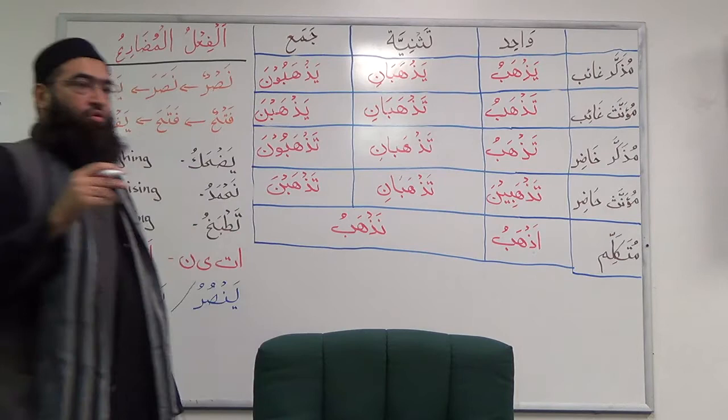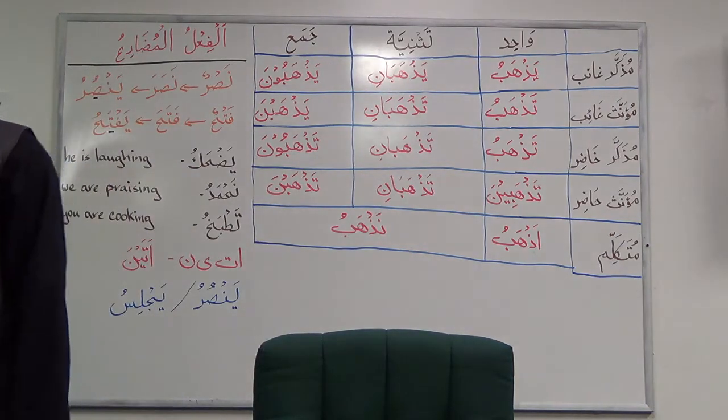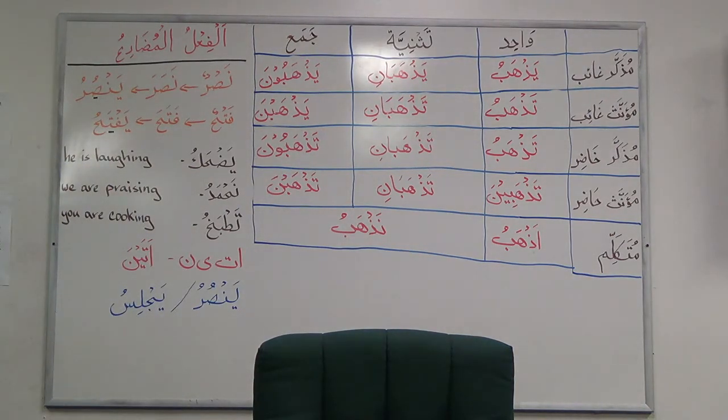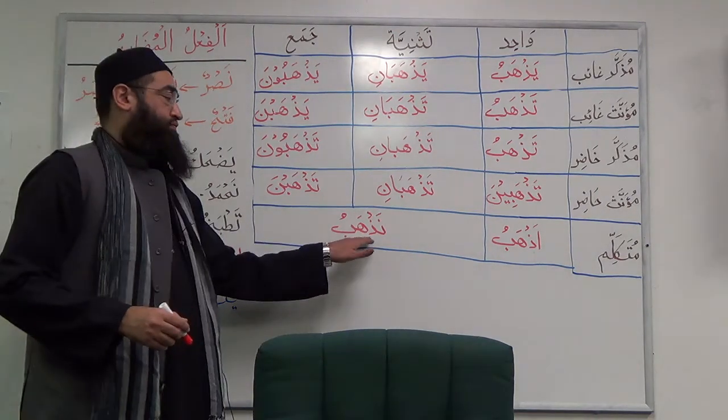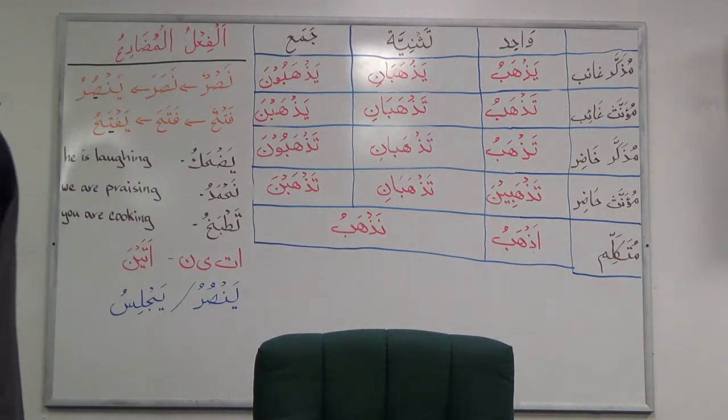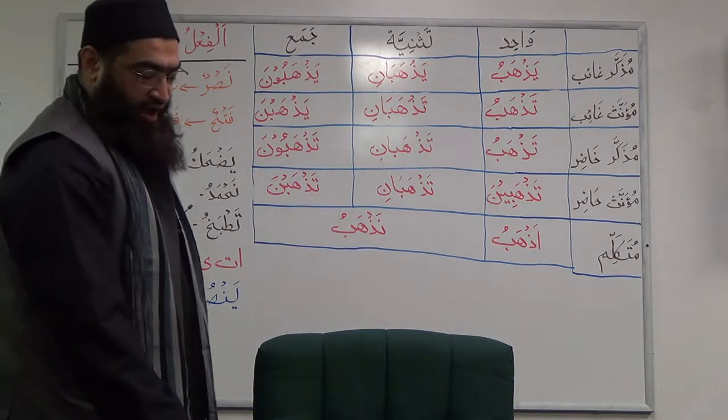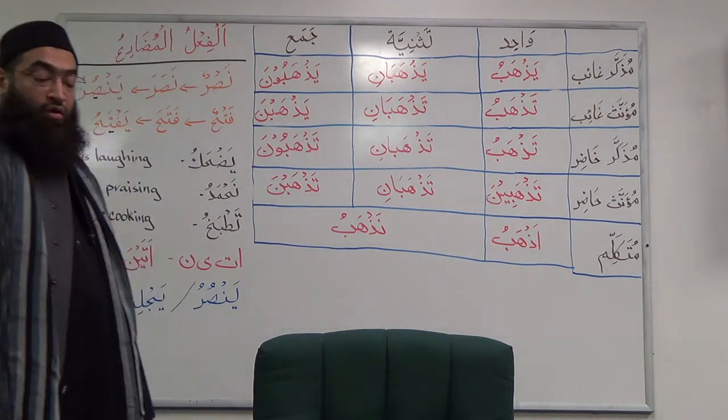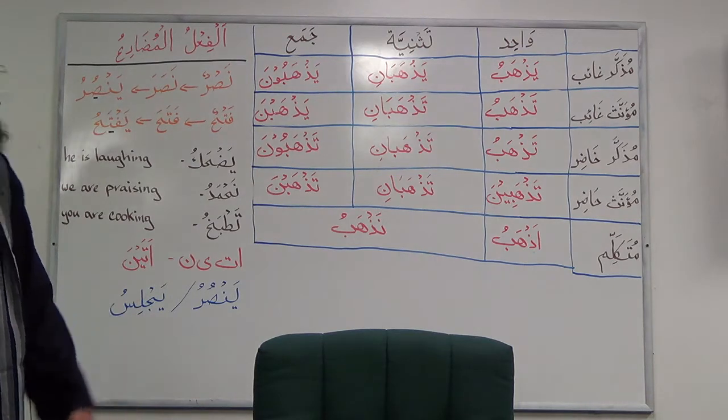All right. We are going to drink. Who can tell me what I'm going to do? Nashrabu. I am going to drink. Ashrabu. All right. I am going to make ruku'. I'm going to bow.